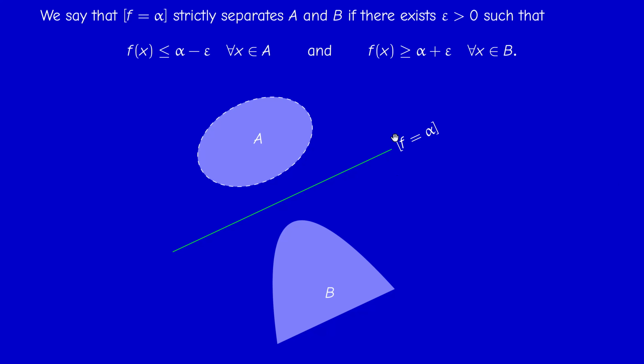Here, this illustrates the fact that this hyperplane strictly separates the two sets, because A lies in the half space f less or equal than alpha minus epsilon, and B lies in the half space f bigger or equal than alpha plus epsilon. So there's some distance between A and B. This is strict separation.